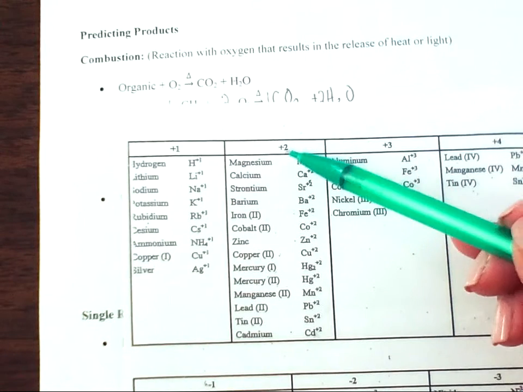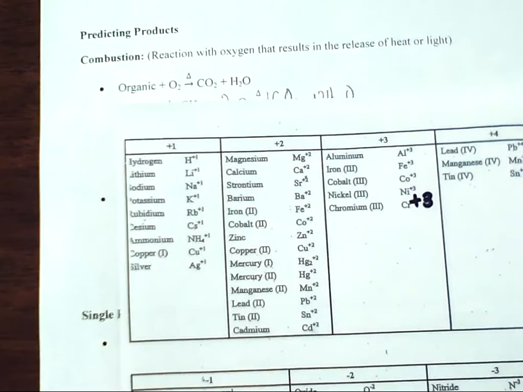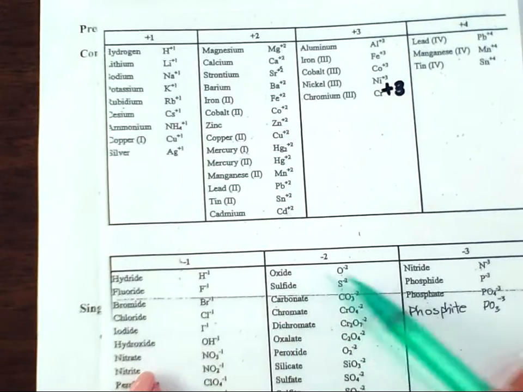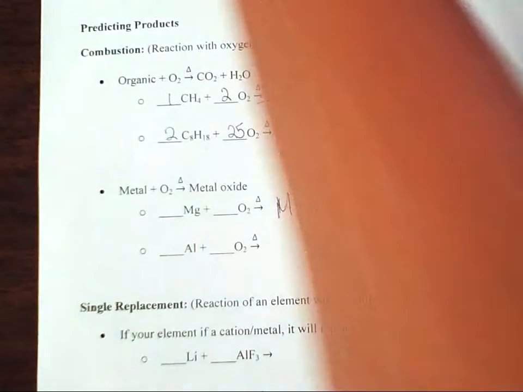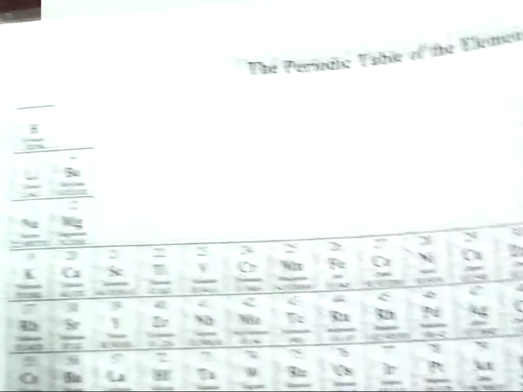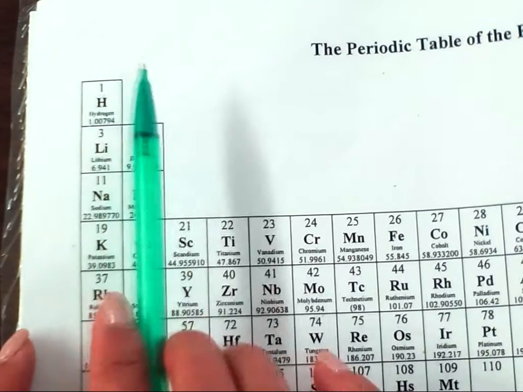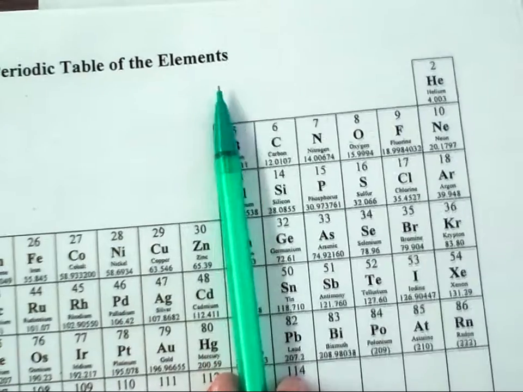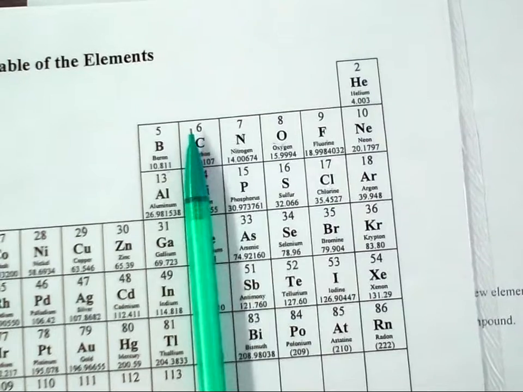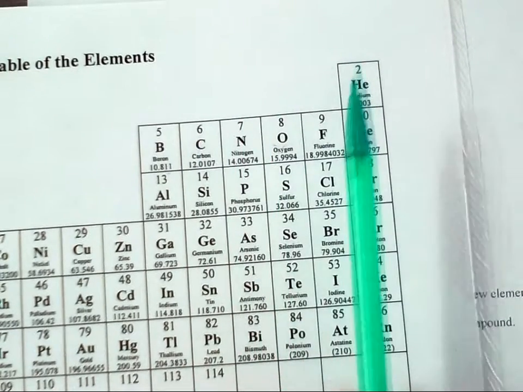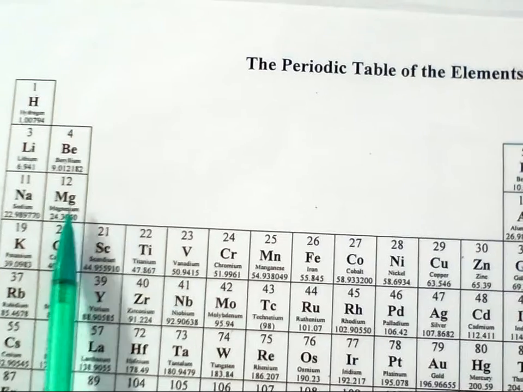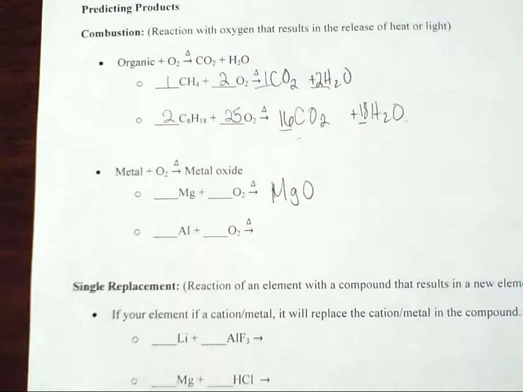It tells me that it's a positive 2 charge, and that oxygen is a negative 2. Or if you remember doing this, positive 1, positive 2, positive 3, plus or minus 4, negative 3, negative 2, negative 1. So that would be the negative 2 and the positive 2 for magnesium.